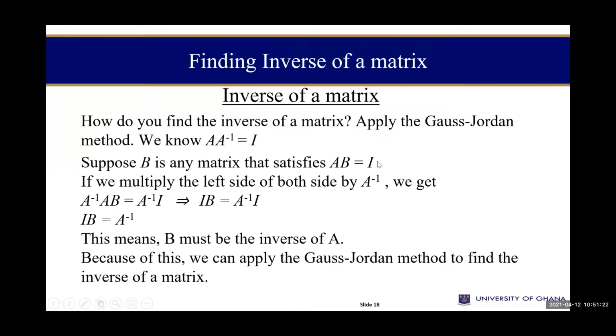We've gone through that. Then we can also see how to use the inverse of a matrix to find our solution. And I hope you remember this rule here. For a given matrix multiplied by its inverse, it should give you an identity matrix. Therefore, suppose B is any matrix that satisfies this problem that we are looking for.